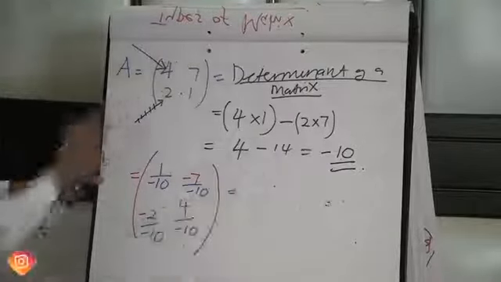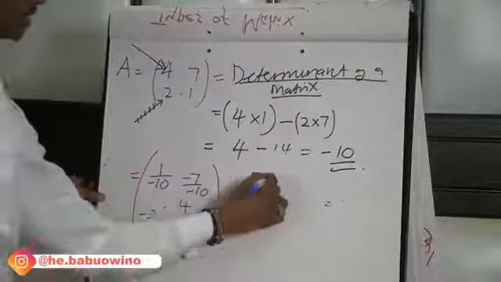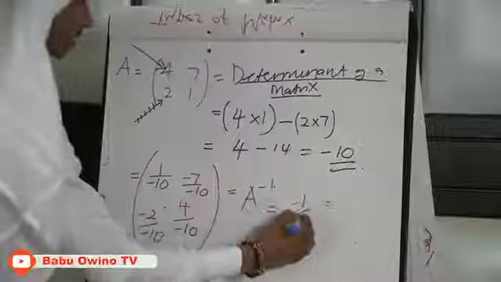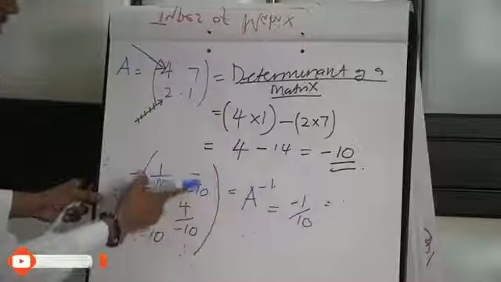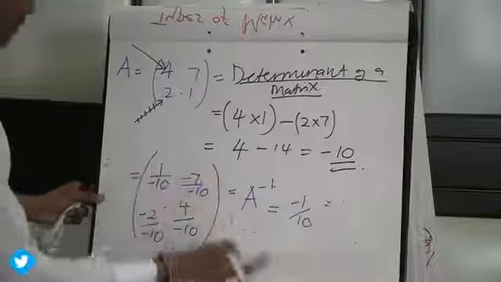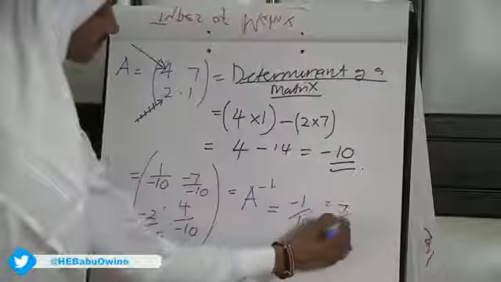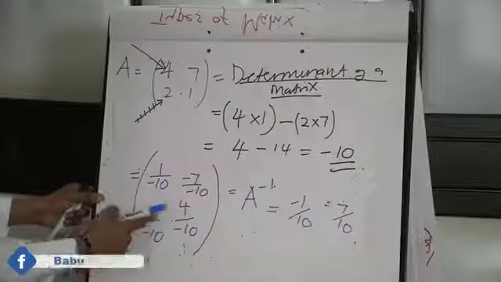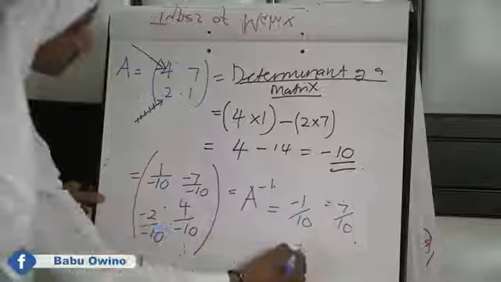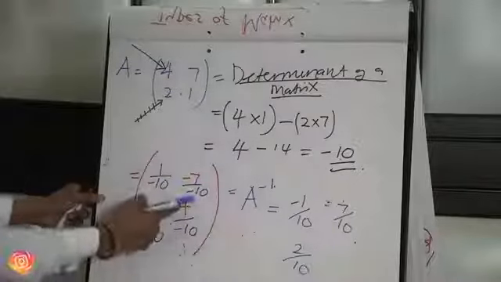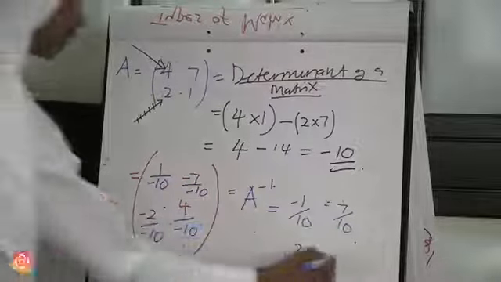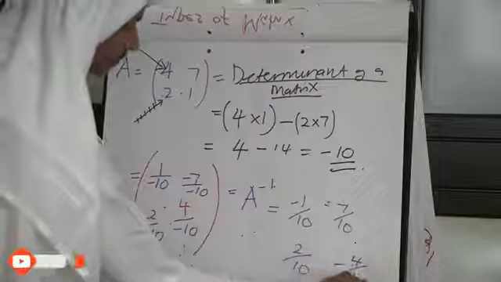Therefore, the inverse of A is written as A inverse. What do you get? Minus 1 over 10. Minus divided by minus is plus, so this becomes 7 over 10. Minus and minus becomes positive, therefore this becomes 2 over 10. Then positive 4 divided by minus 10, you get minus 4 over 10.